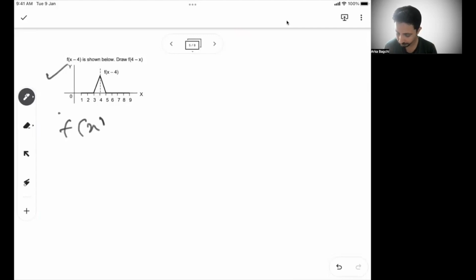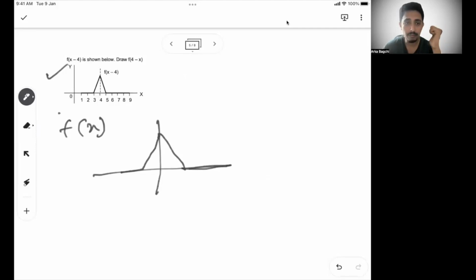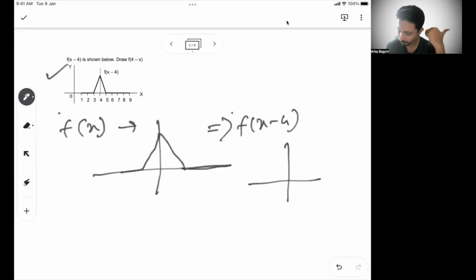So if you understood this, you have seen the f of x minus 4 graph, right? So for the f of x graph, can we say this is going to be like this? The f of x graph is going to be like this. Then only from here I can say f of x minus 4 is going to be somewhat like this, where this is going to be 4, 0.